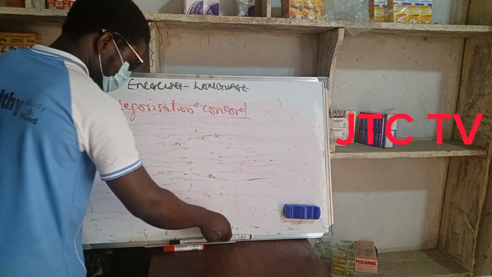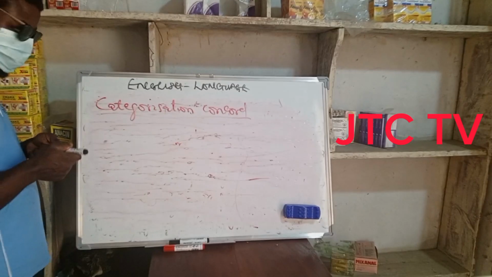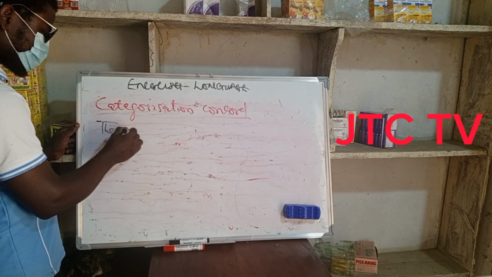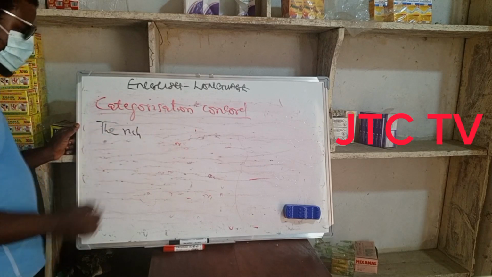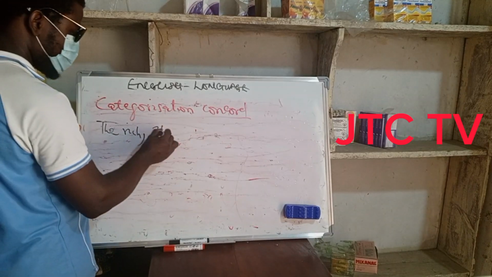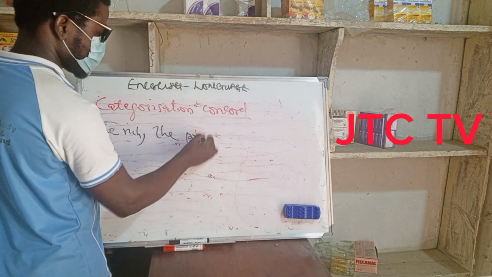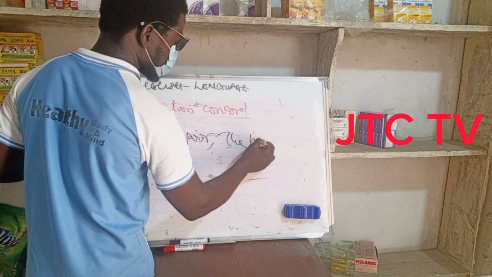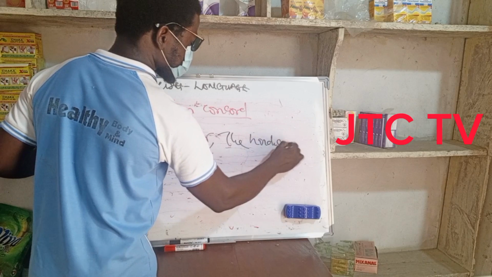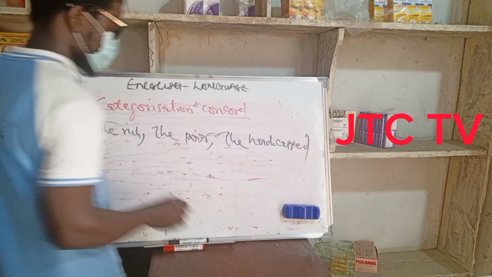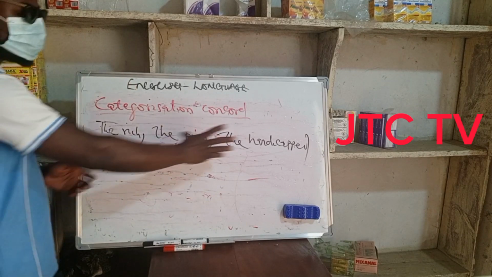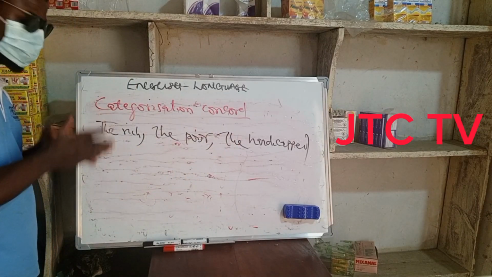For example, what are those words that denote category? Like, we have words like the rich, the poor, the handicapped, and so on and so forth. These words denote category.